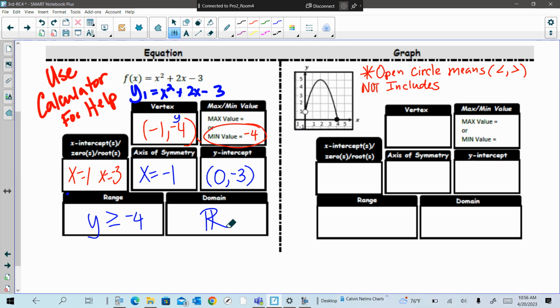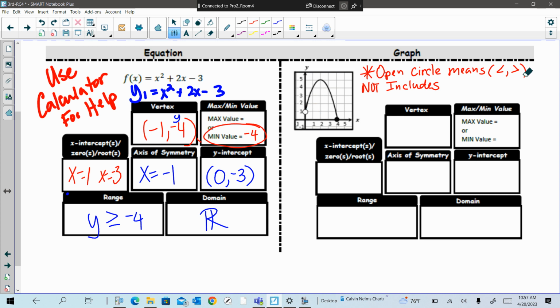Now what I need to make sure you can do is from an equation, and then if I give you the graph. So this one is an example of me just giving you the graph and you giving me the key attributes. I do need you to add this because it's been a while. We talked about this last semester, about an open circle versus a closed circle. An open circle means you have to use less than or greater than.